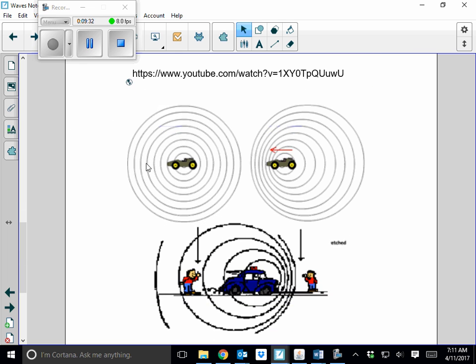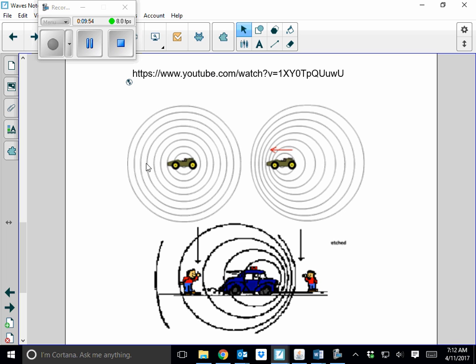So check this car out. And yes, I do want you to write this stuff down in your notes. As the car is just standing there, holding down on the horn, it emits a spherical sound wave around it. Why? Because sound travels out in all directions. As it's moving towards you, the sound waves are always at a constant speed.